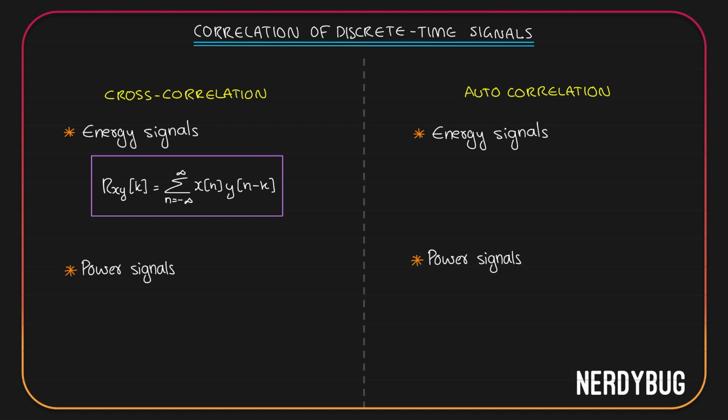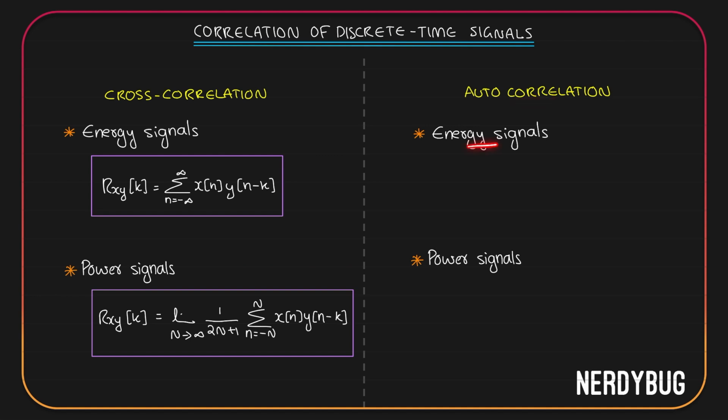And for power signals, it will be Rxy of k is equal to limit n tends to infinity 1 by 2n plus 1 summation from n equals minus n to n x of n y of n minus k. Since they are power signals and their energy is infinite, we are taking time average.